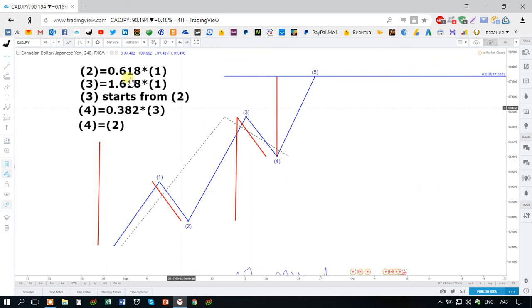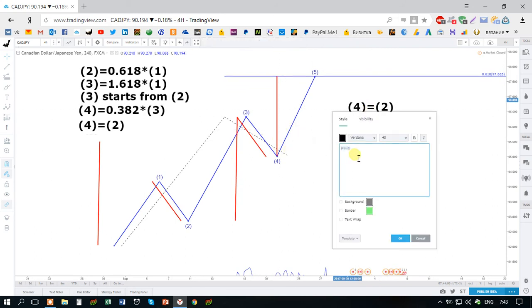And let me type it here. Wave 5 equals 0.618 multiplied, and let's calculate it this way.